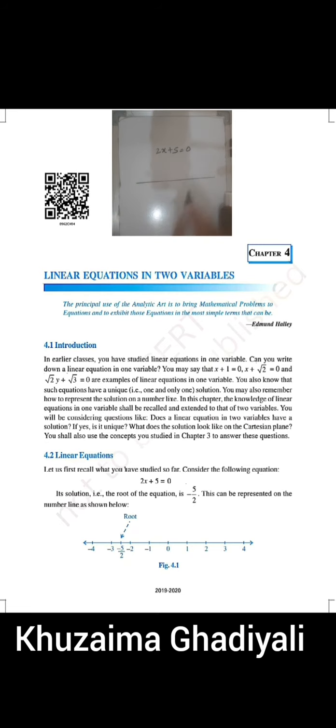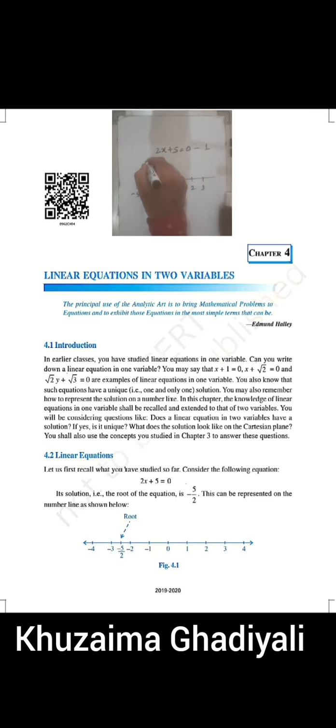Suppose there is a number line, and in that number line we have some points, that is 0, 1, 2, 3, and here -1, -2, -3, and so on. According to the concept of linear equation in one variable, it has only one solution.